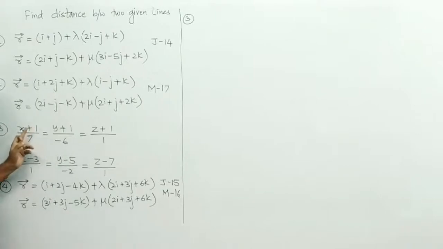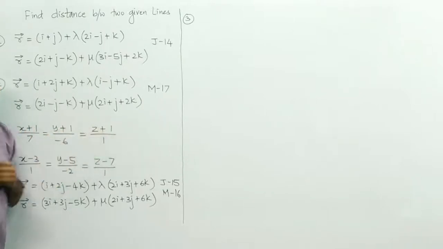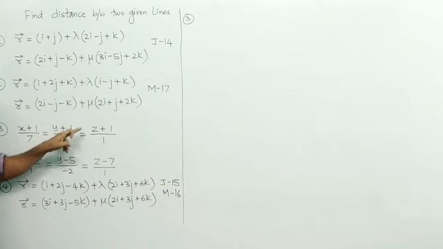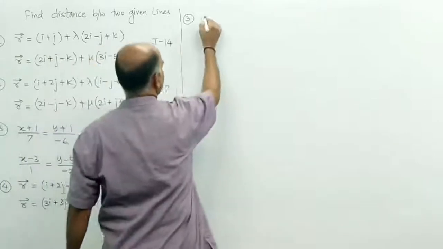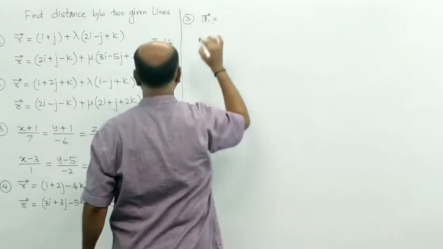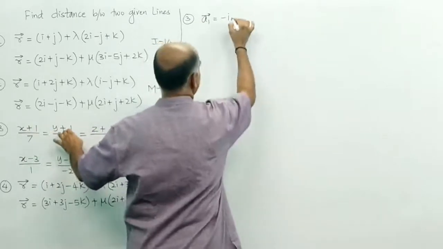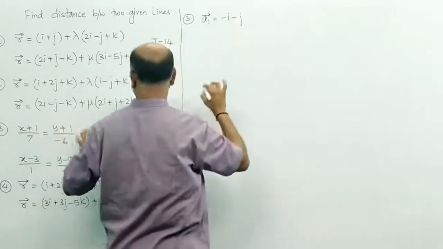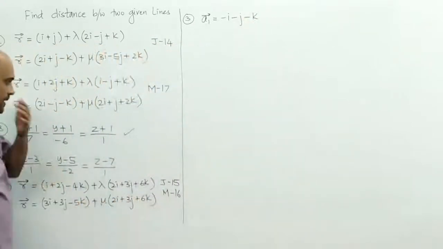So here x minus x1, y minus y1, z minus z1 we should have. So here plus is there, means x1 is minus 1, y1 is minus 1, z1 is also minus 1. So if I take this first line, so a1 is equal to x1 is minus 1, so minus I, y1 is minus 1, minus j, third minus k.